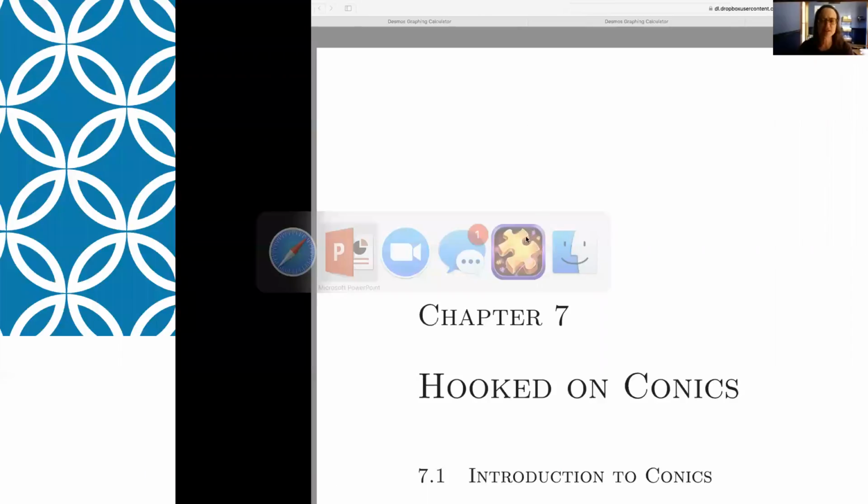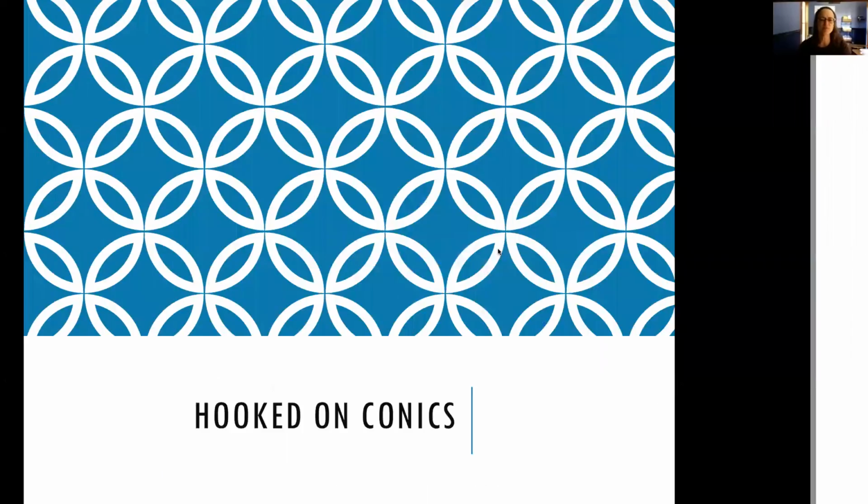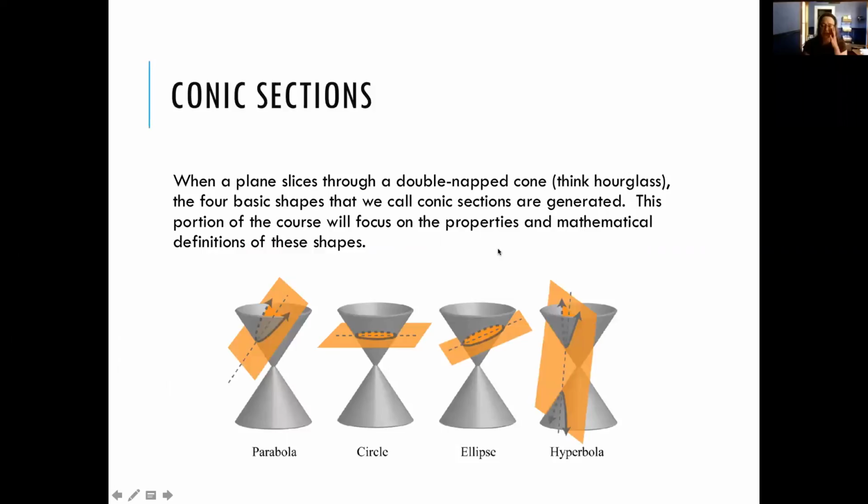So conic sections are a specific class of curves that represent the different shapes that we get if we take a plane and we slice through a double-napped cone. Now, a double-napped cone is just a fancy math speak way of saying an hourglass.